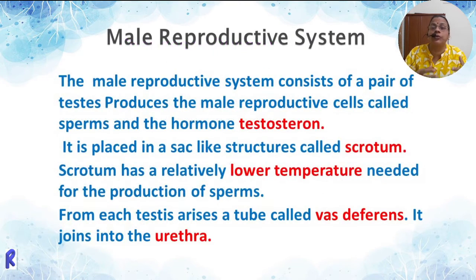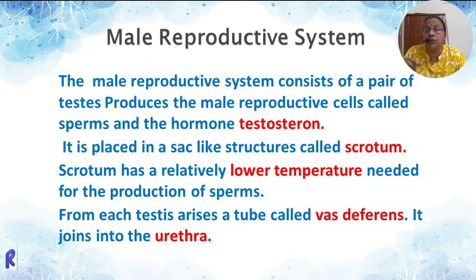And we'll move on to more detail about the male reproductive system. The male reproductive system consists of a pair of testes, which is the main sex organ. When the baby is in the mother's womb, in infancy, the testes will be inside the abdominal cavity of the baby.